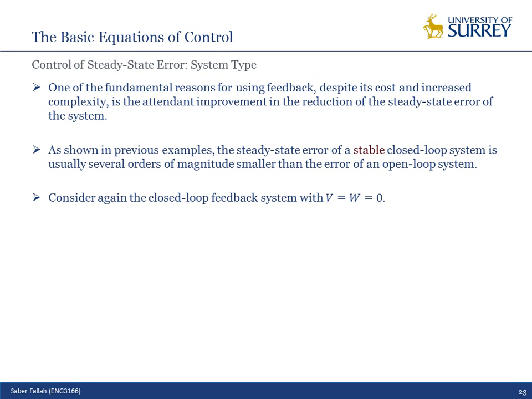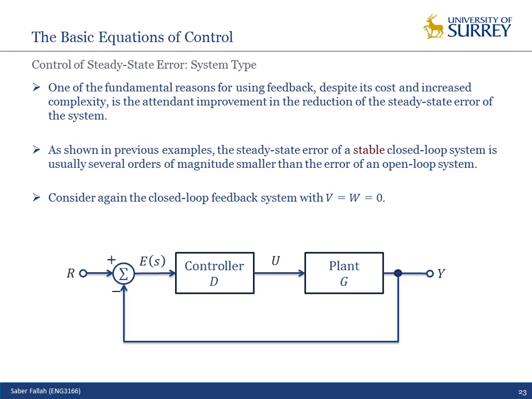Then at the end, when we design the controller, we check the sensitivity and the disturbance rejection to make sure that the design is perfect, or at least have some idea how much the system will reject the disturbances or is robust against the parameter change. So when we put W and V equal to 0, sensor noises and disturbances equal to 0, we will have this unit negative feedback.